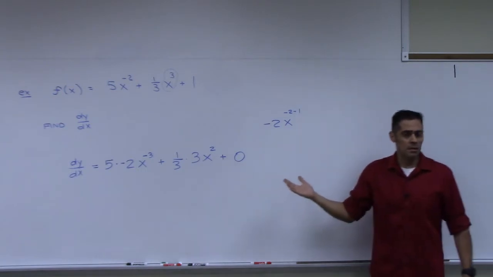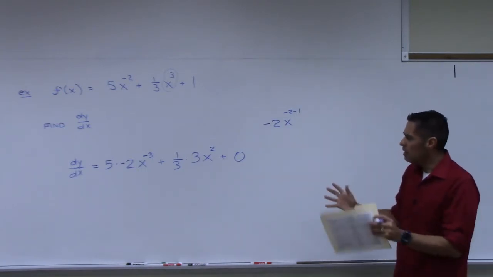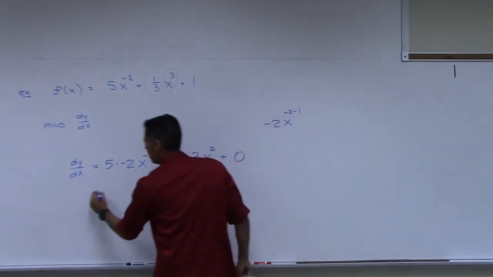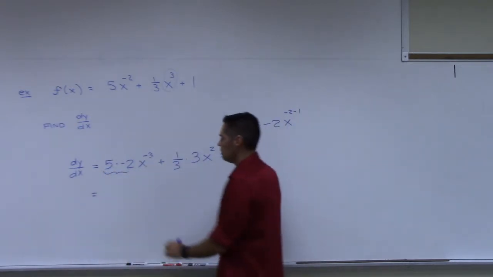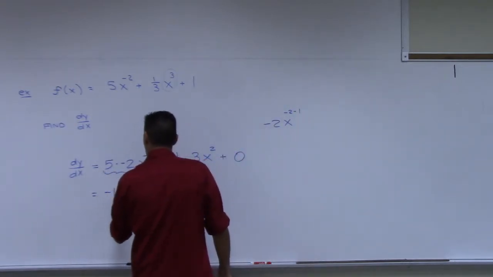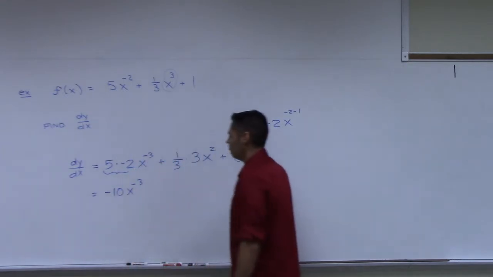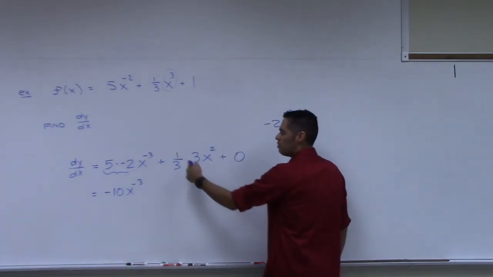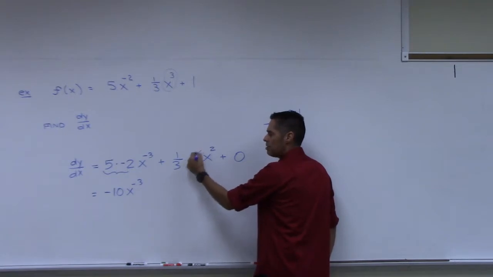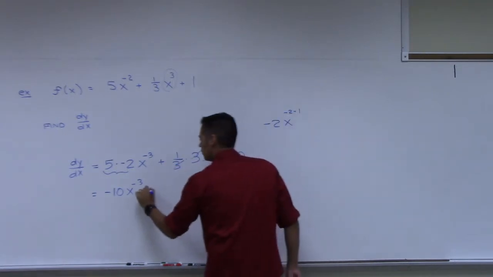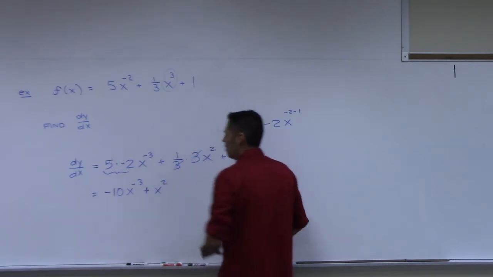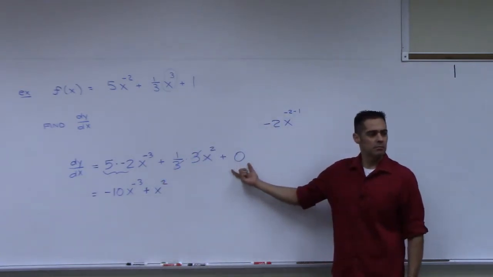That good? Okay, now all we have to do is clean things up. So we've got to multiply these two together. That's negative 10 x to the negative 3. And then here, look, 1/3 times 3. Shouldn't these 3's cancel? And we just get the x squared. And then we don't need to write the 0 here.